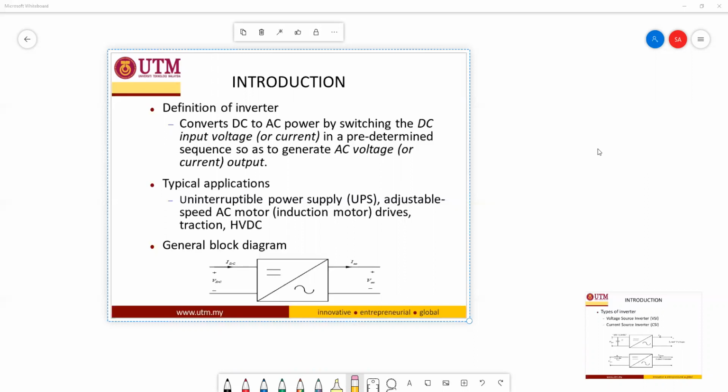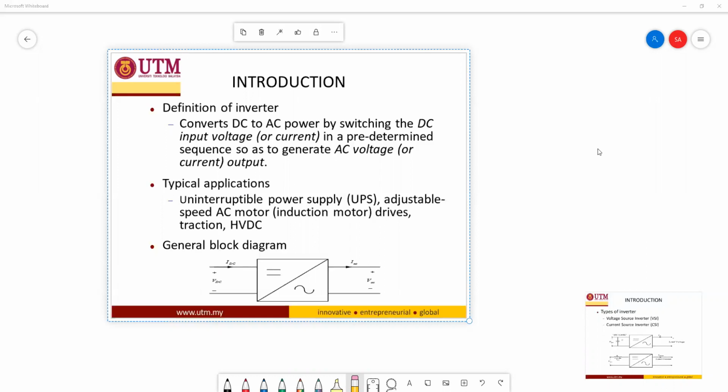Okay, and the typical applications of this inverter can be found in uninterruptible power supply applications or UPS, adjustable speed AC motor drive, which is your induction motor, high voltage DC transmission, and also solar panel, for photovoltaic system, and mostly on the renewable energy side.